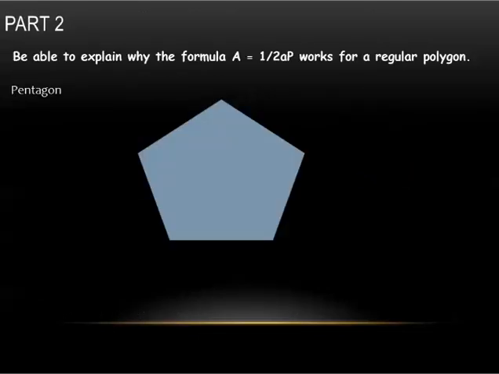I've kind of already gone over this with you, so instead of going over it again and using up our time, if you go back to that area of the hexagon example that I showed you in part 1, it'll help you answer this question on part 2. And that's merely explaining why that formula works for finding the area of a regular polygon.